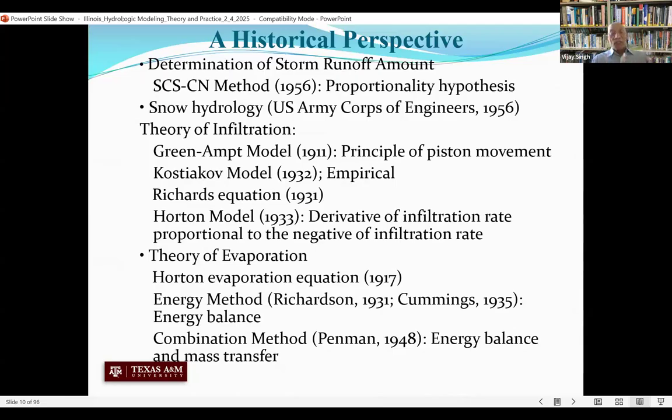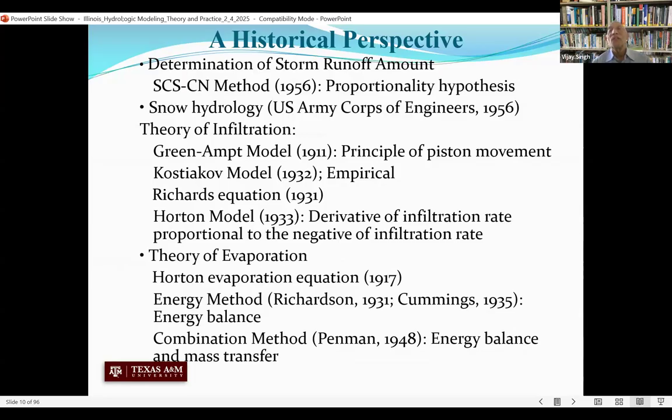But anyway, these works were essentially for describing the entire discharge hydrograph. But the unit hydrograph theory cannot be applied without knowing the runoff volume that will be generated by a given rainfall event. So the Soil Conservation Service, which is now called the Natural Resources Conservation Service, NRCS, in 1956 developed a method which is popularly called the SCS-CN method.